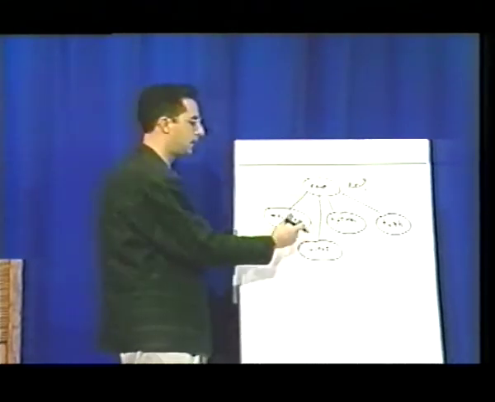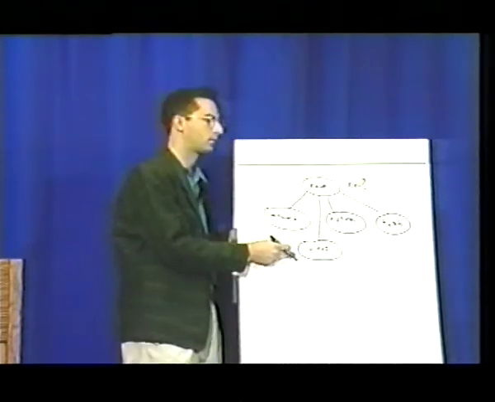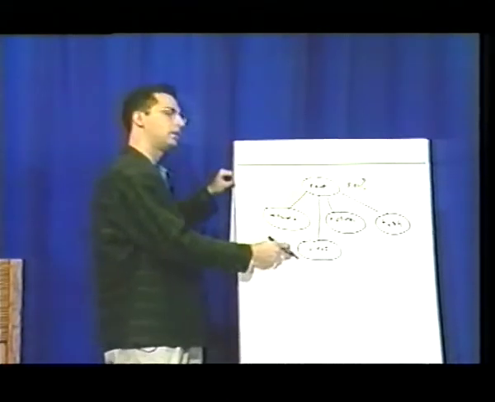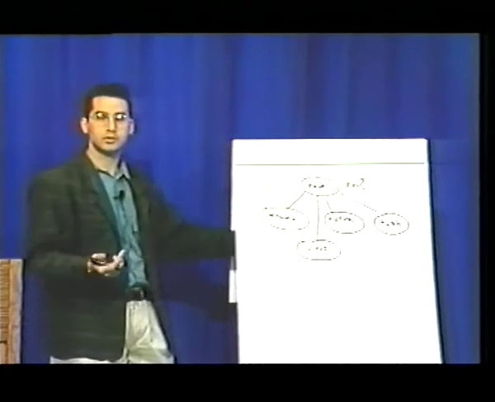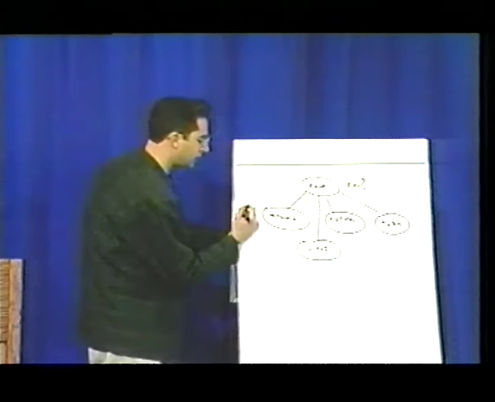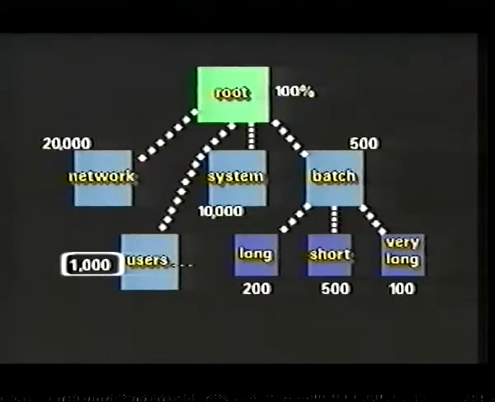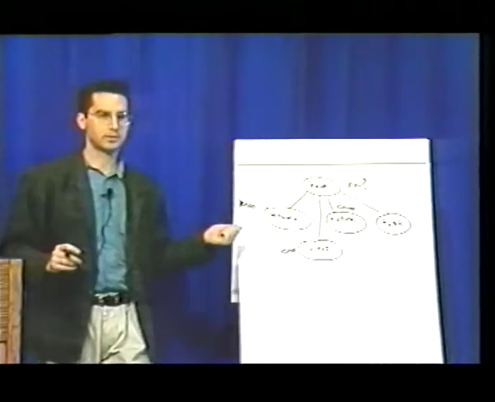Before, we had 1,000 shares divided equally, 250, 250, and 500. So I'd probably give network 20,000, and I'd give system 10,000. And then I'd give users the 1,000. And batch is something we'll get into in a second.